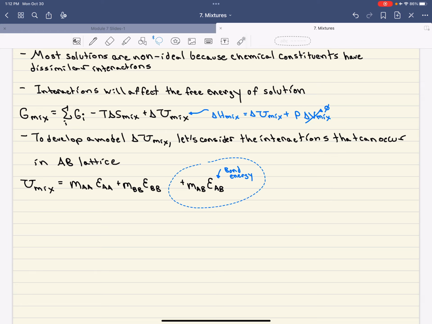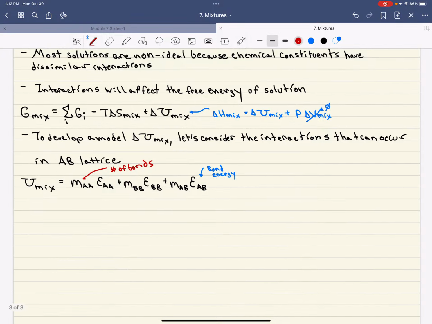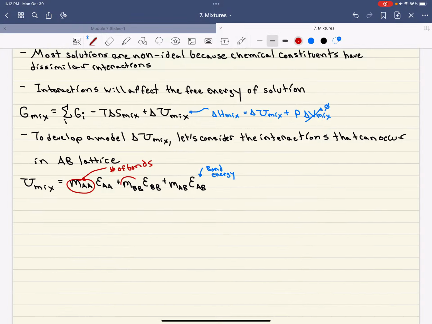And so we could call this the number of bonds. All right, for a given system, the energy is set by the temperature and the surroundings. But the number of bonds, we want to be able to figure out what those are. Right, so right now those are our unknowns.